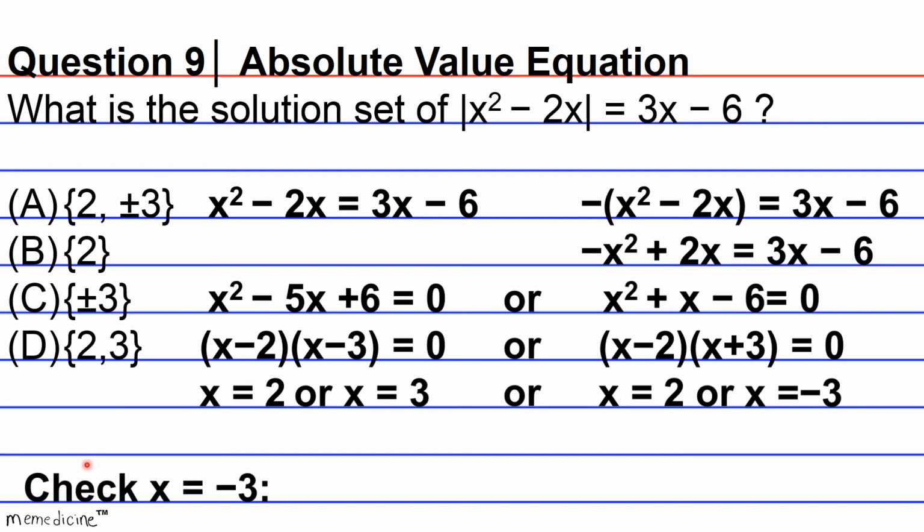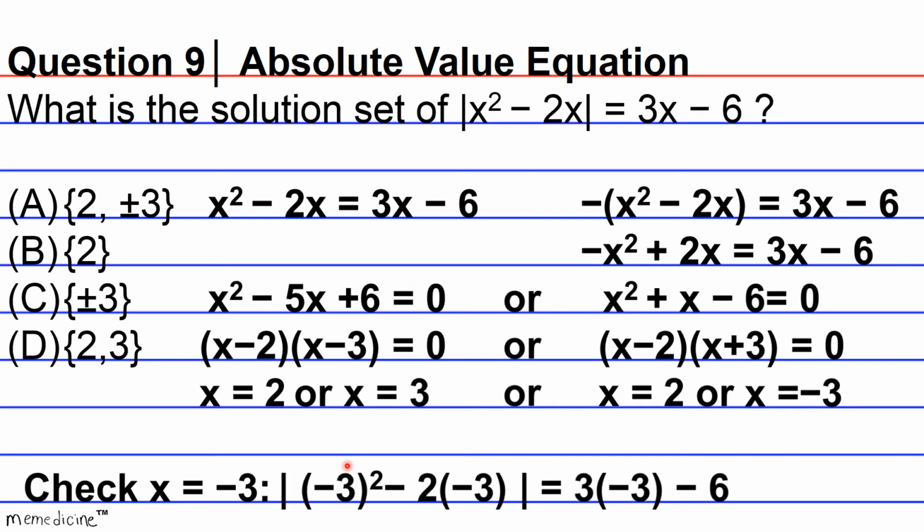We're first going to check x is equivalent to negative 3, so we input negative 3 into our original equation. And so we have the absolute value of negative 3 squared minus 2 times negative 3 equals 3 times negative 3 minus 6. So we get 9 minus a negative 6, which is going to be 15.